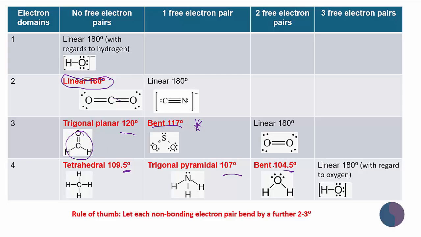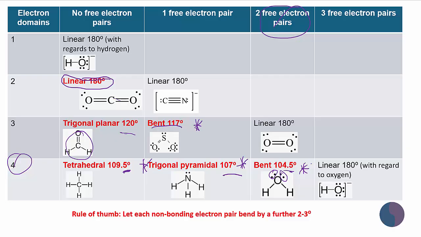So I'd say maybe these 4 are ones that you would actually have to spend time memorizing. So tetrahedral 109.5, trigonal pyramidal 107, and bent with the 4 electron domains, but 2 free pairs is the 104.5.